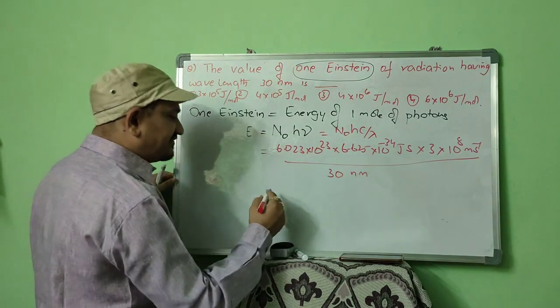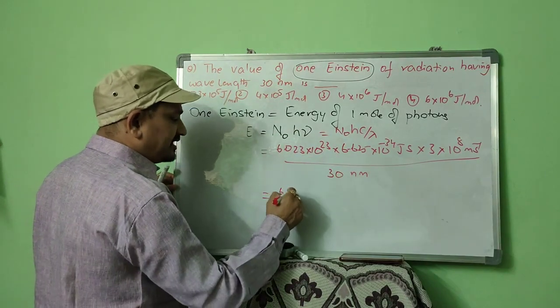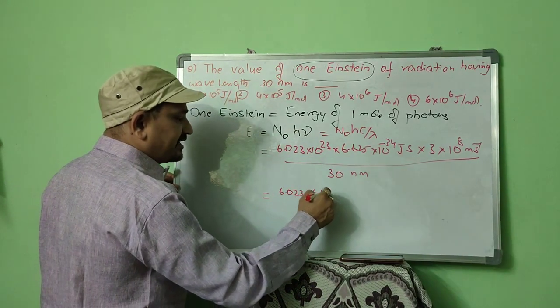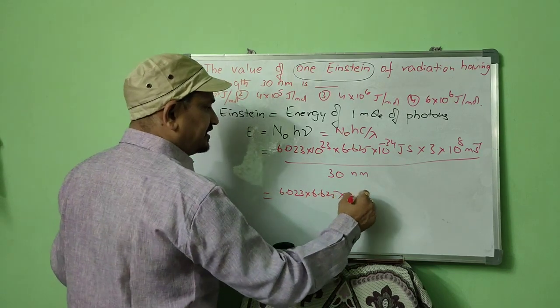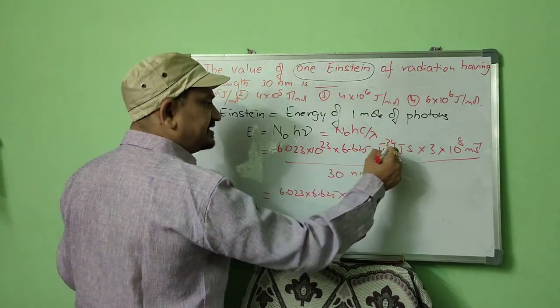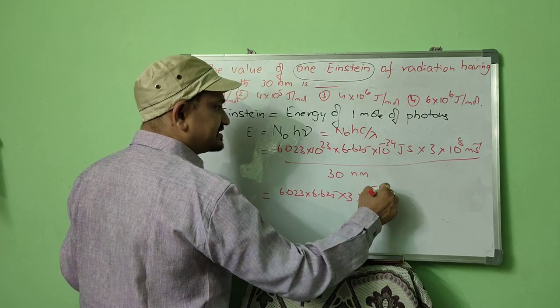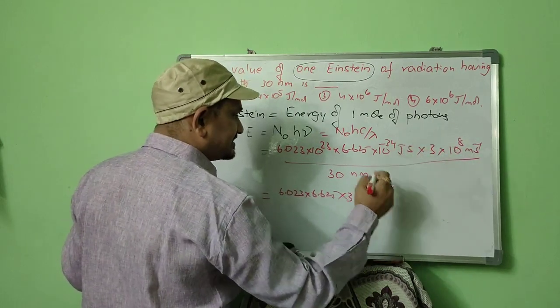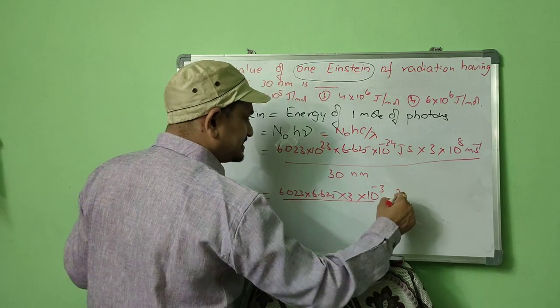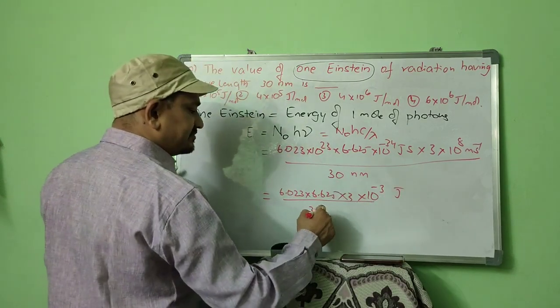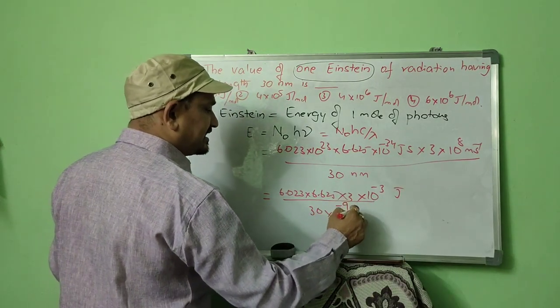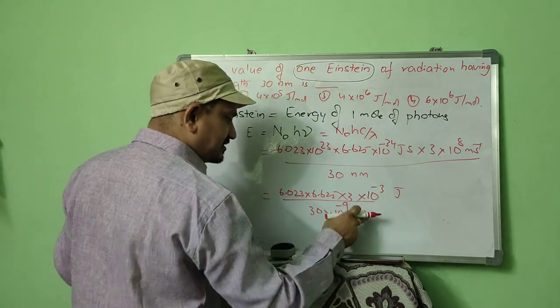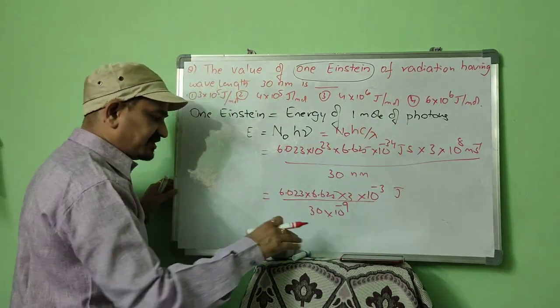On substituting and simplification, see, this is 6.023 into 6.625 into 3 into 10 power 23 and 34, it is 10 power minus 11 and 10 power 8, 10 power minus 3, joules divided by 30 nanometer means 10 power minus 9 meters. Even meters is also cancelled during this simplification.